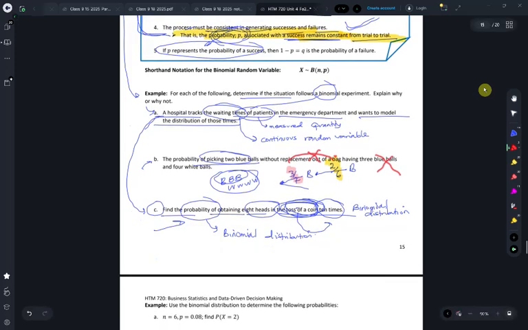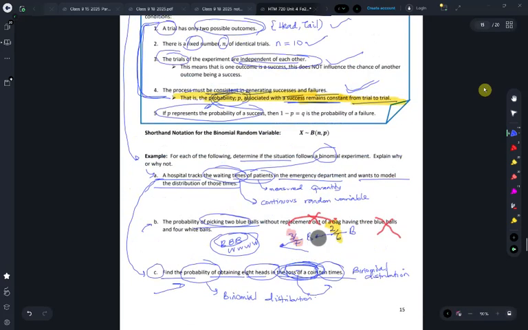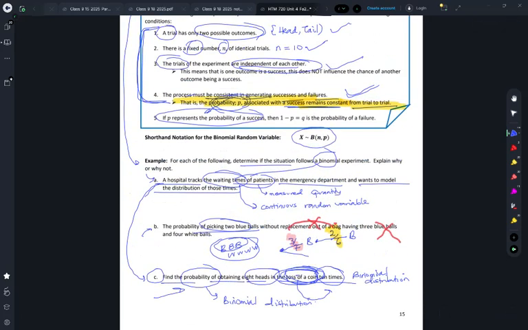Having noted what makes a binomial distribution useful and how it can be characterized, let us see how we can compute probabilities associated with a binomial distribution. So take note, for a binomial distribution, there are two key parameters.